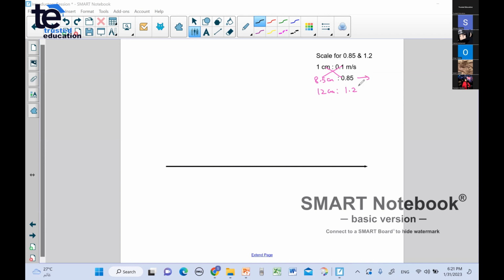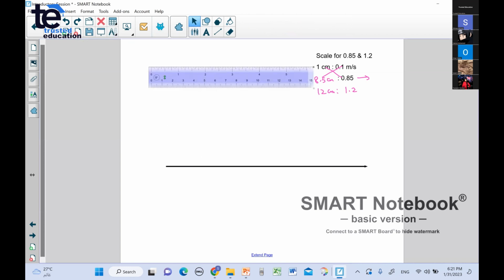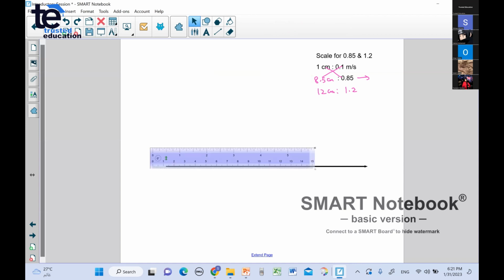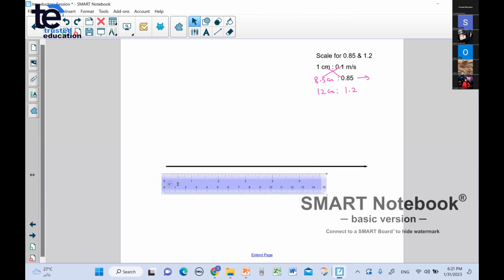Now I have drawn here, I need 8.5 centimeters to the right. So what shall I do? I will start here, bringing my ruler, and I will be measuring here the 8.5. I will start from the beginning of the line here. Now, I need 8.5 exactly.